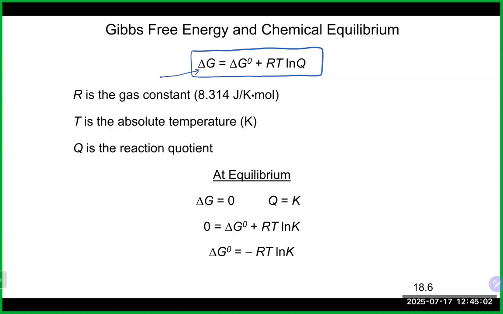This delta G is delta G basically under non-standard conditions. And a reminder of what makes something standard conditions is basically if you're dealing with solutions, molarities need to be 1 molar. If you're dealing with pressures, they need to be 1 atmosphere.